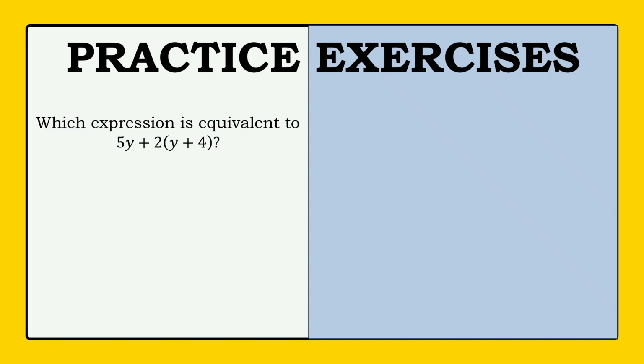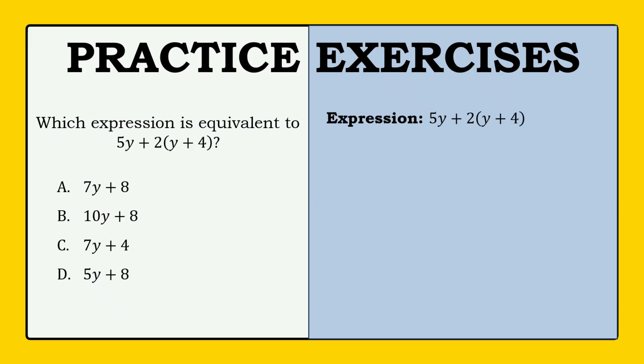Which expression is equivalent to 5y plus 2 times the quantity of y plus 4? A: 7y plus 8, B: 10y plus 8, C: 7y plus 4, or D: 5y plus 8? What do you think the answer? Alright, let's solve.